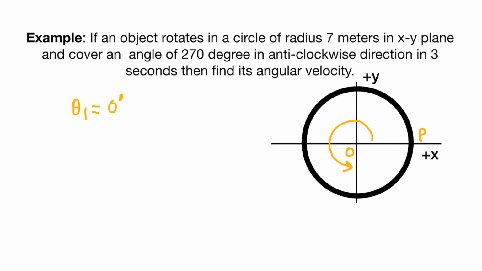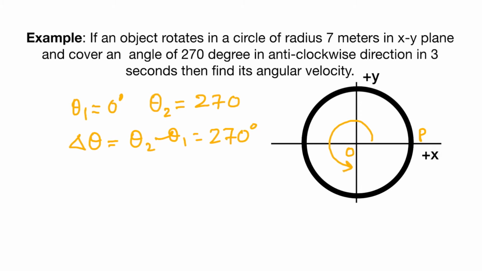The final position is theta 2, which is equal to 270 degrees. So the change in position is nothing but the displacement. The angular displacement is given by theta 2 minus theta 1, which is 270 degrees. And this will be equal to 270 divided by 360 into 2 pi radians, which is equal to 3 by 2 pi radians.